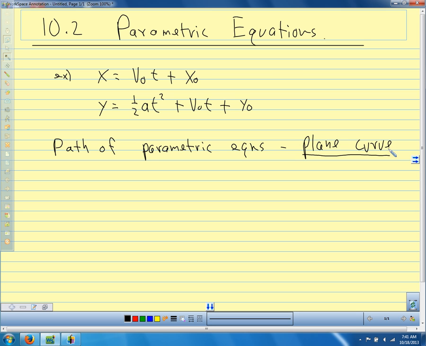And if we have this set of parametric equations, the set of points that are described by those equations is called the graph. So the path is a plane curve, and the set of points described by the parametric equations is the graph.